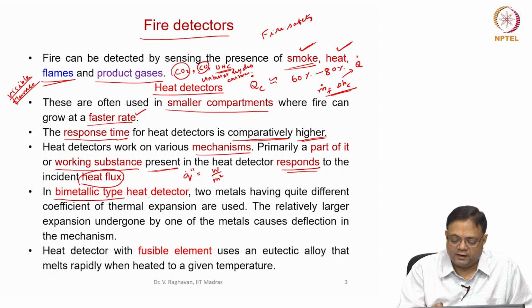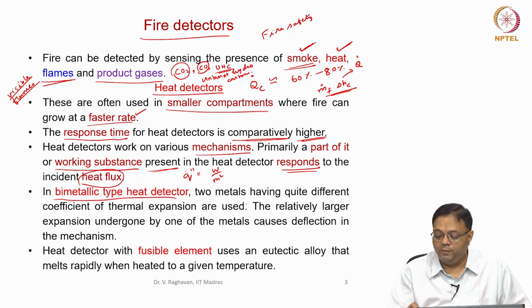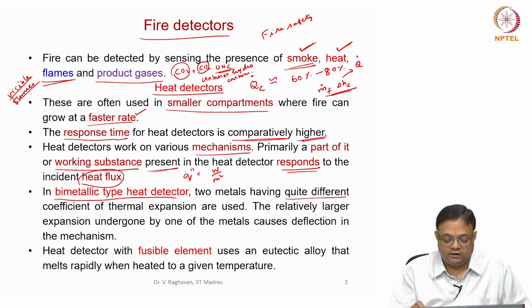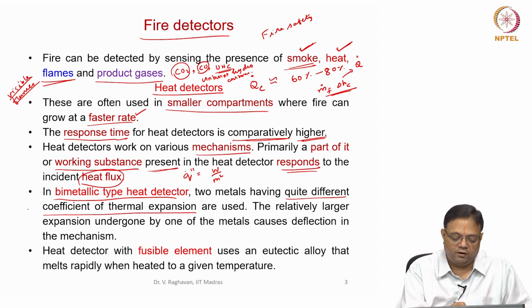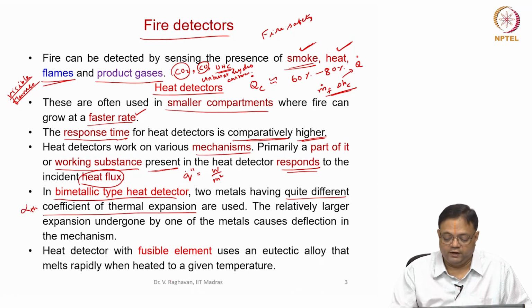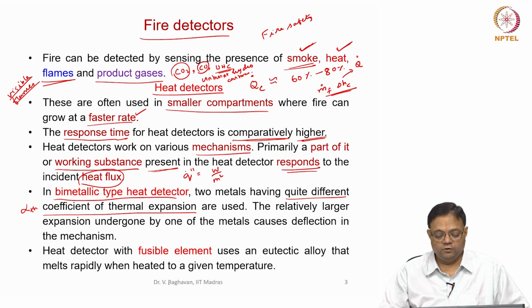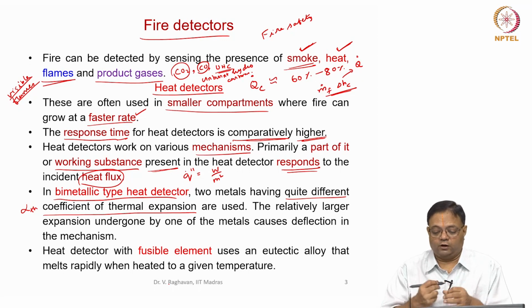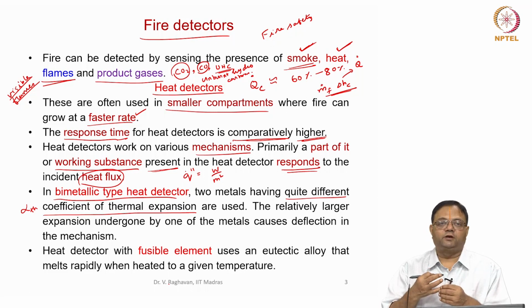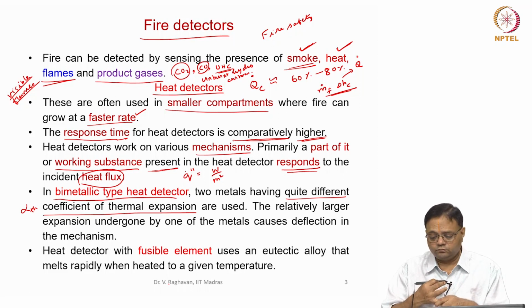In a bimetallic type heat detector, two metals having quite different coefficients of thermal expansion, alpha TH, are used. Bimetal means two metal strips. One can be, say, aluminum, one can be some Invar. The coefficient of thermal expansion in one may be higher than the other.